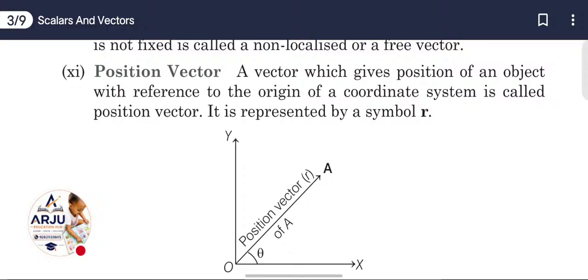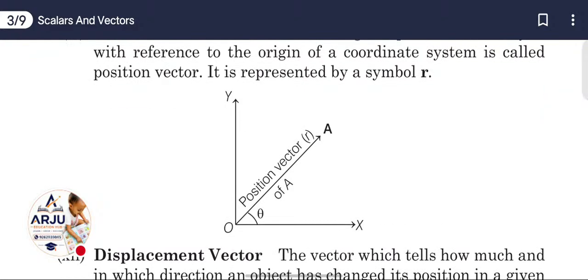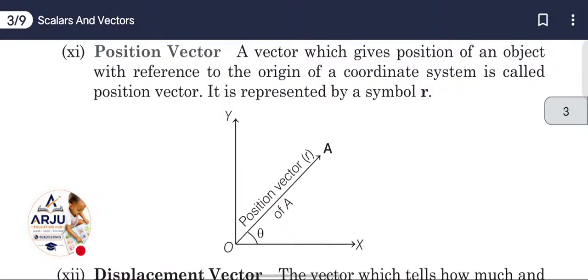Here in the position vector, the position of an object is with reference to the origin of the coordinate system. Now here O is the origin of the coordinate system, with the y axis and x axis. Between the y and x axis is the position vector r.